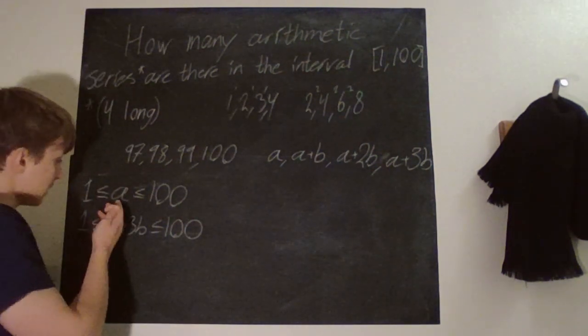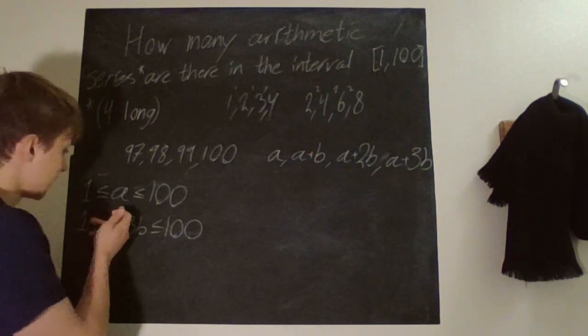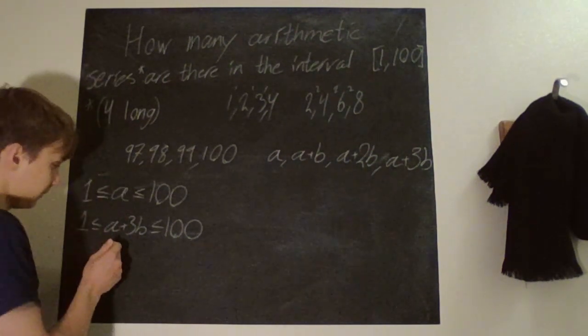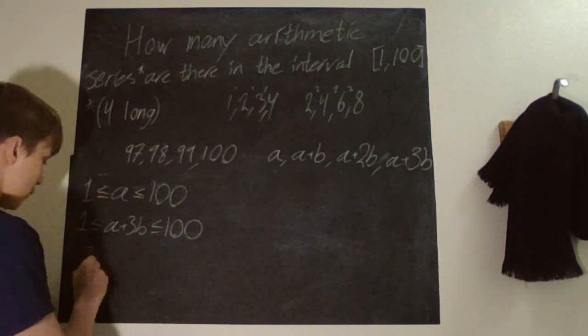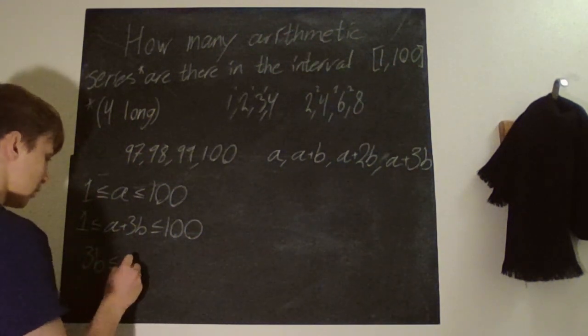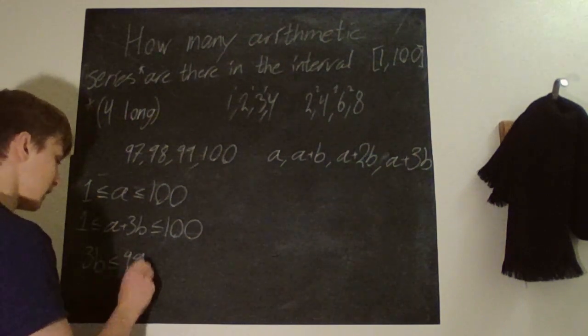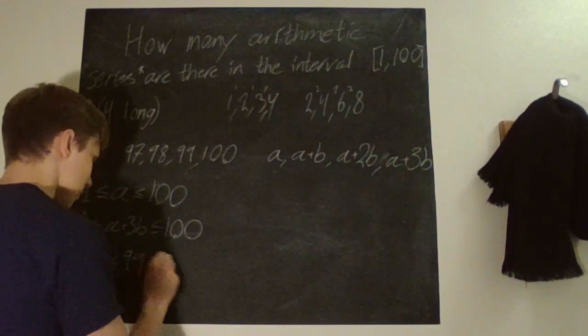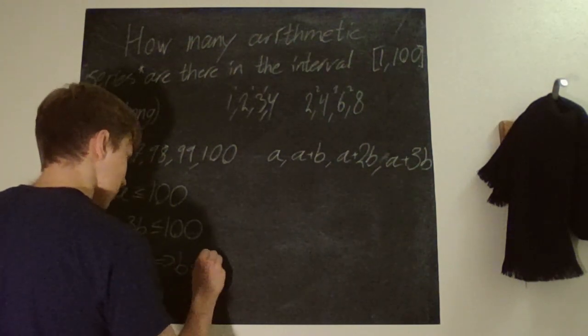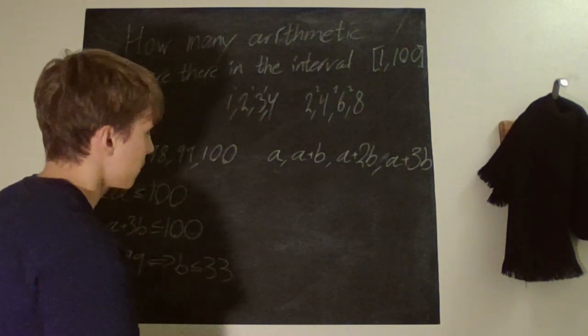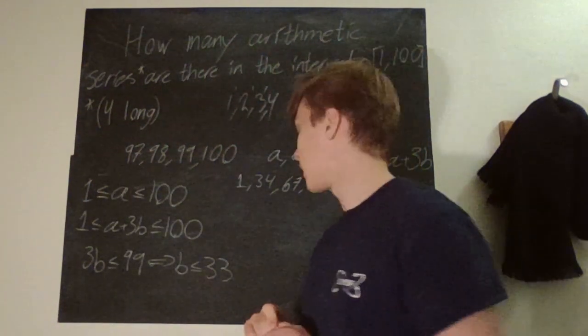Okay, so if the smallest possible a is 1, then we can say that 3b is always less than or equal to 99, which is equivalent to saying that b is always less than or equal to 33.